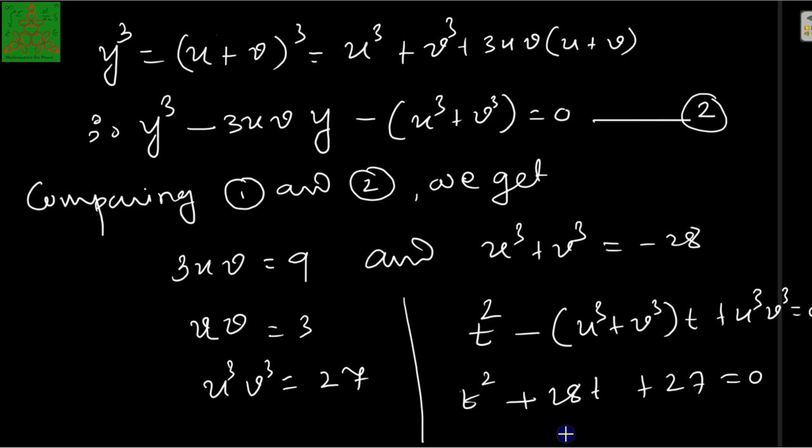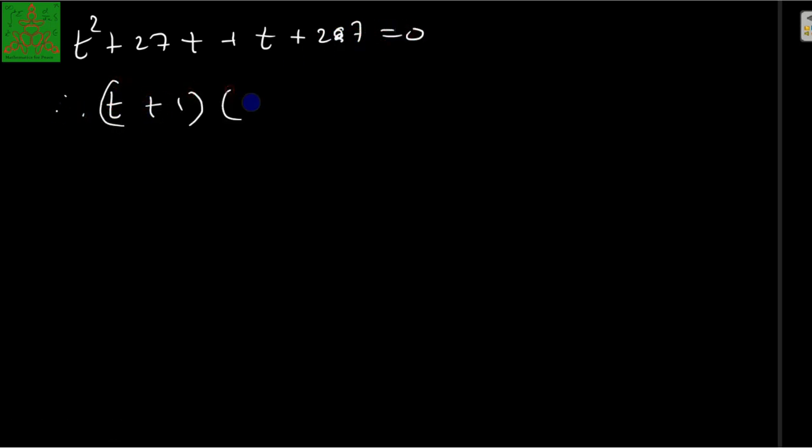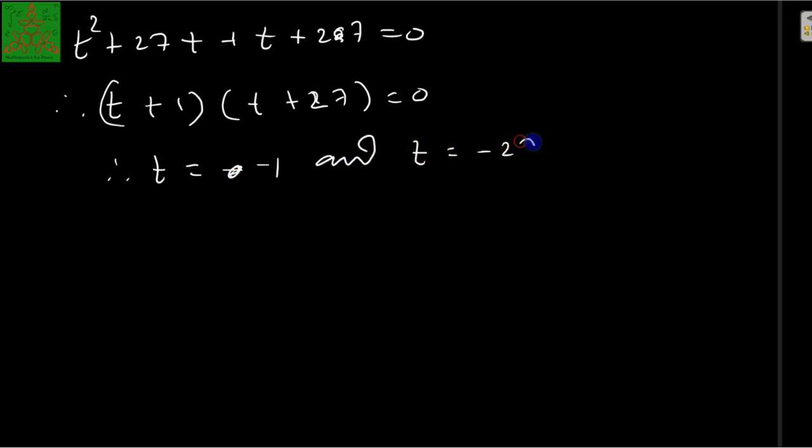And we know this quadratic polynomial will have two factors: t square plus 27t plus t plus 27 equal to 0. So 1 is common out, so it is t plus 1 into t plus 27 equal to 0. Therefore this will give you t equal to minus 1 and t equal to minus 27.